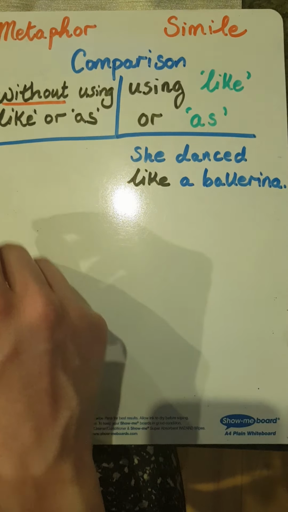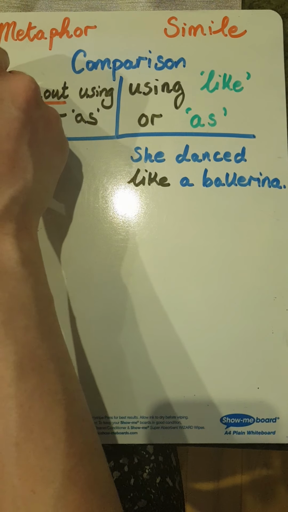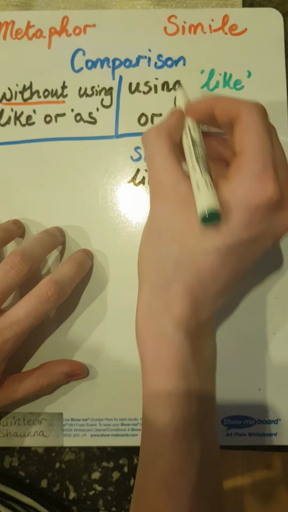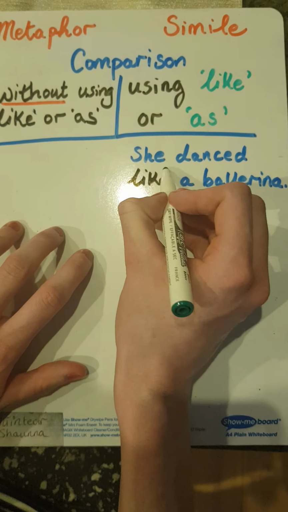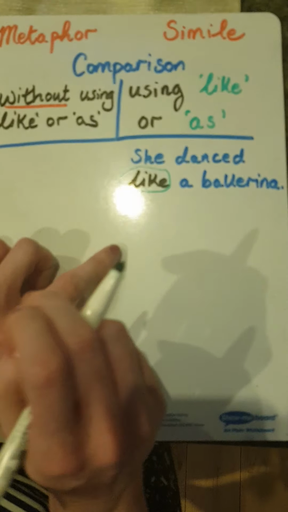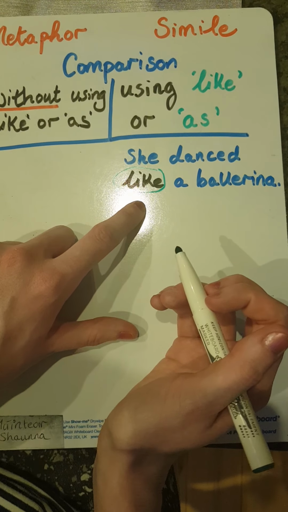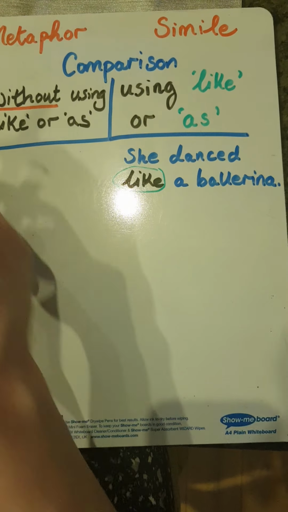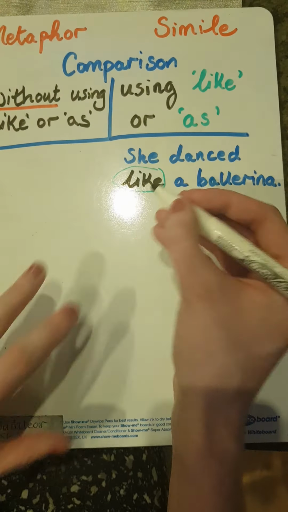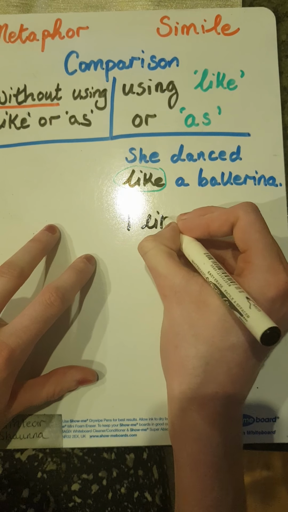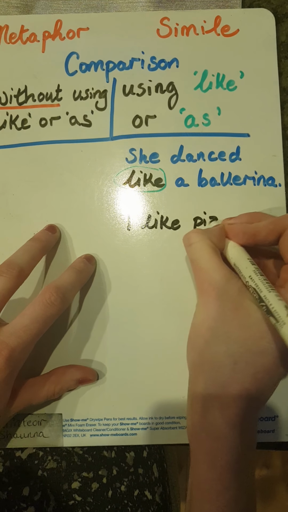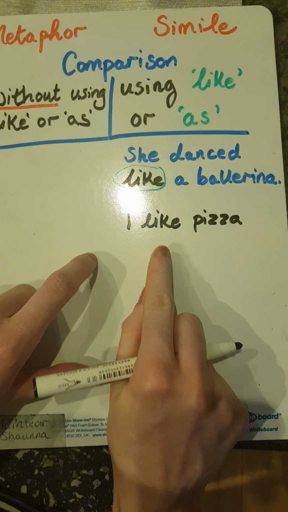Okay? And how have I done it? I've done it by using the word like. That means that this sentence is a simile. How come it's a simile? Because it has the word like in it. Now, not the type of sentence, if we saw a sentence, I like pizza. That isn't a simile.